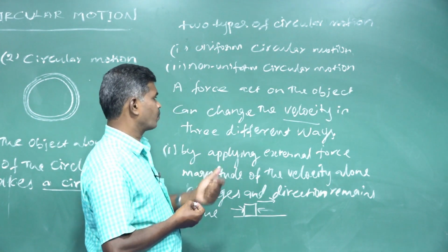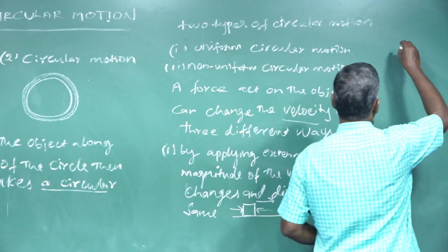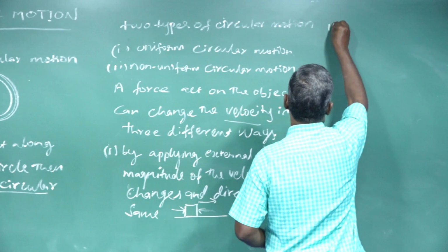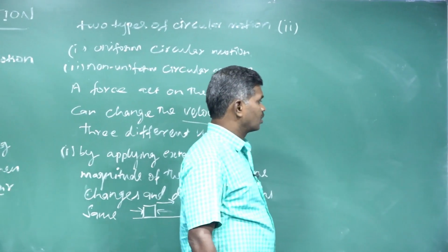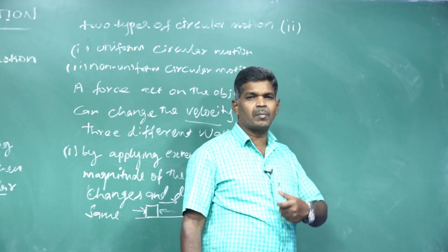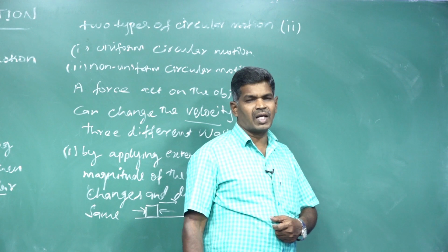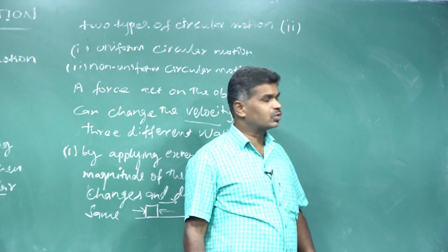Anyhow, there is another way to change the velocity by applying a force. First one was changing the magnitude of the velocity alone. Now, the second one: we are going to change the direction alone.